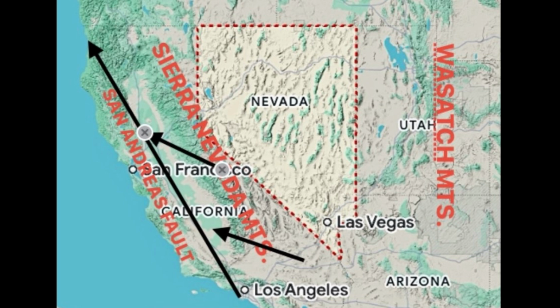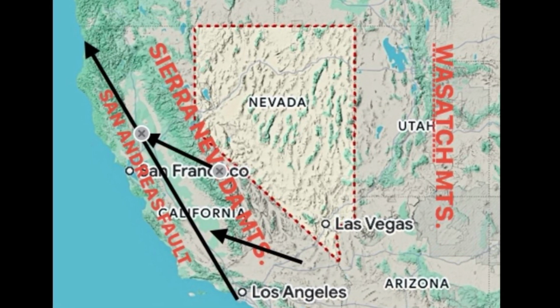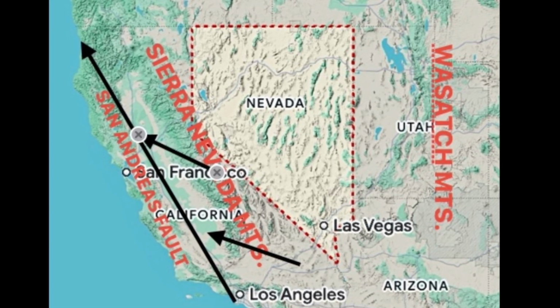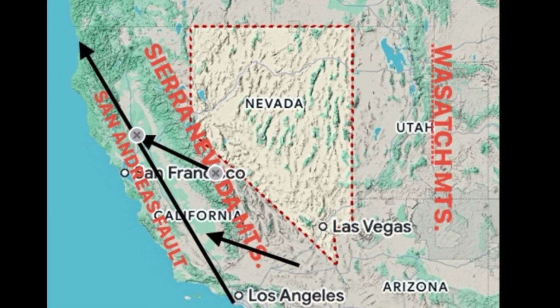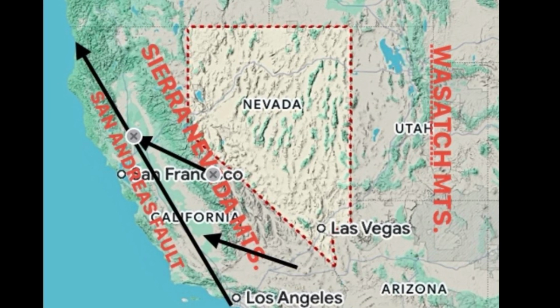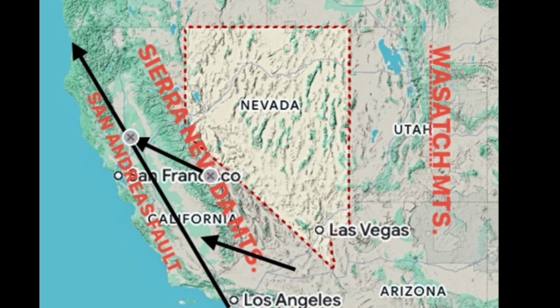In this picture, the black arrow on the right represents the San Andreas Fault. The San Andreas Fault developed about 30 million years ago. The crust material on the left or west side of the fault is moving north relative to the material on the right side of the fault.